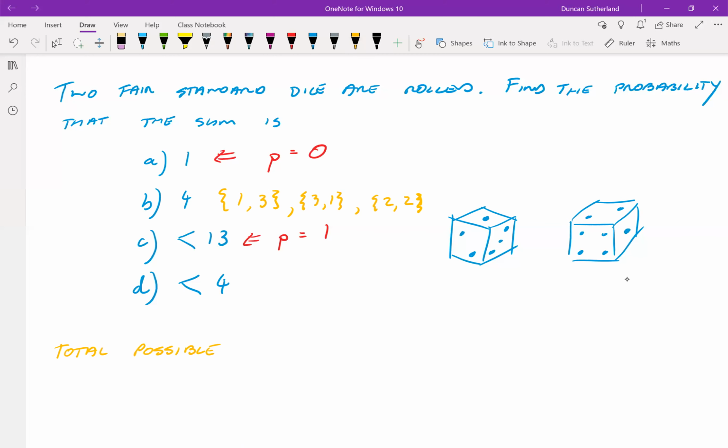Total possible arrangements or outcomes, I guess. 6 times 6. So the answer for B, the probability, we always think of the number of favorable outcomes over the total number of outcomes. That's going to be P equals 3 over 36.